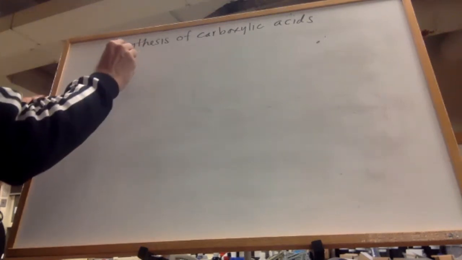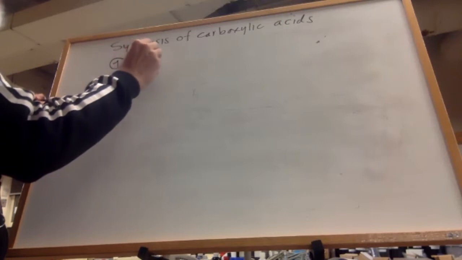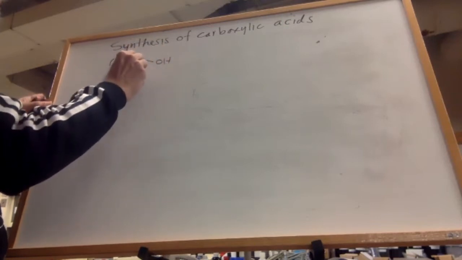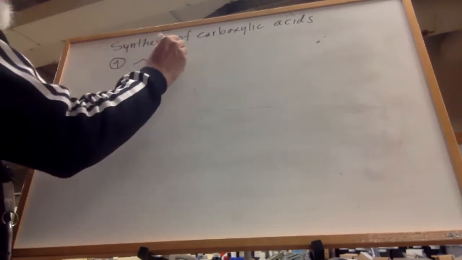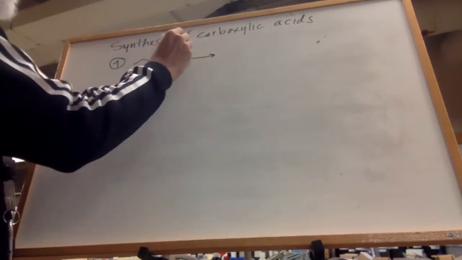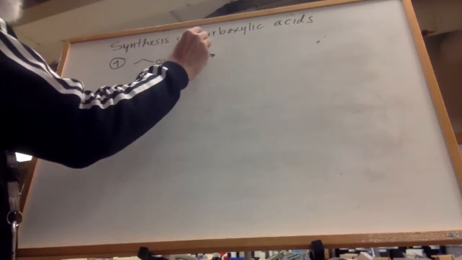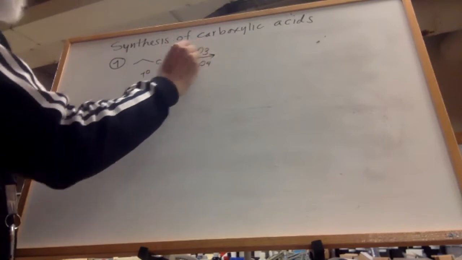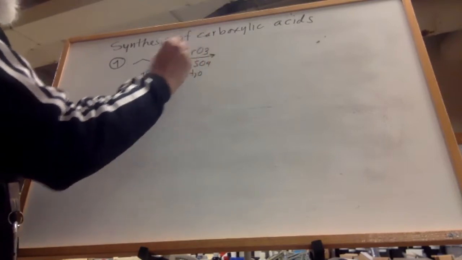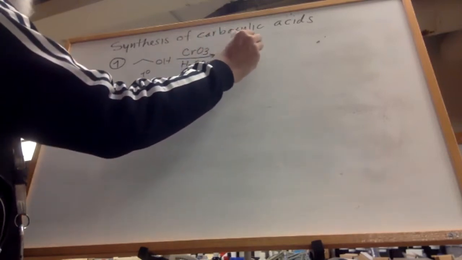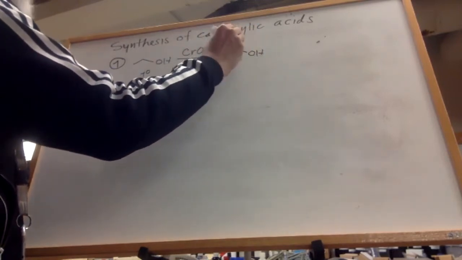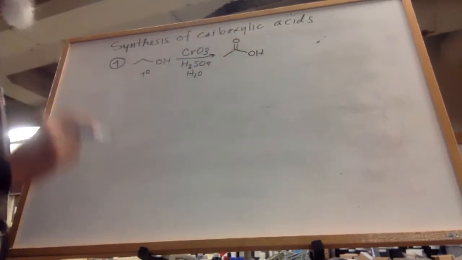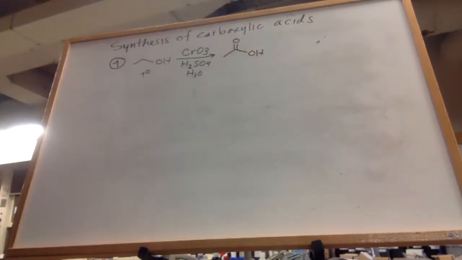One way would be to take a primary alcohol and react that with the Jones reagent. That's chromium trioxide, H2SO4, and water. And so this primary alcohol is oxidized to a carboxylic acid. So this is chemistry that we encountered a long time ago.